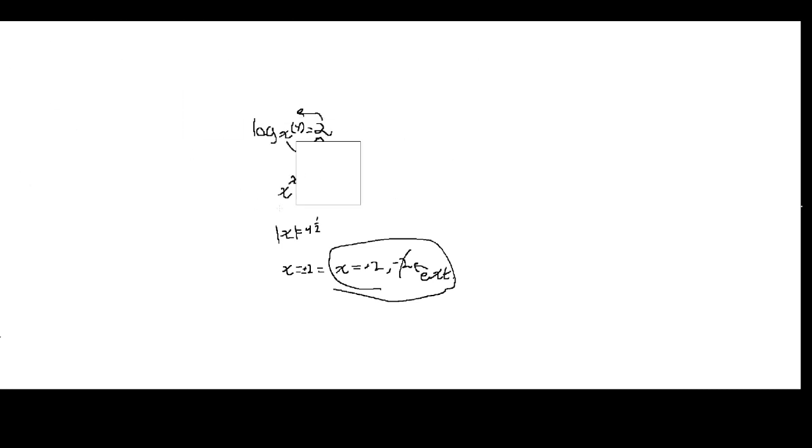And the reason, by the way, that it would be extraneous is because imagine you have log base -2 of 4 equals x. Nothing can make this a 4. You might be thinking, oh, -2.